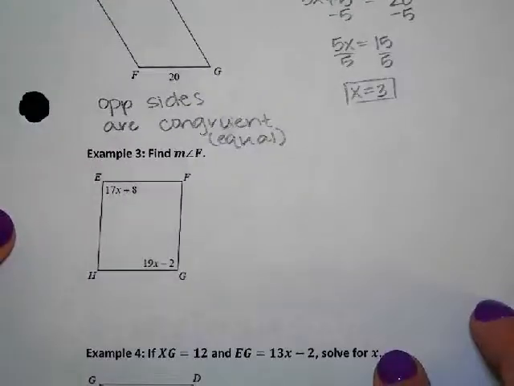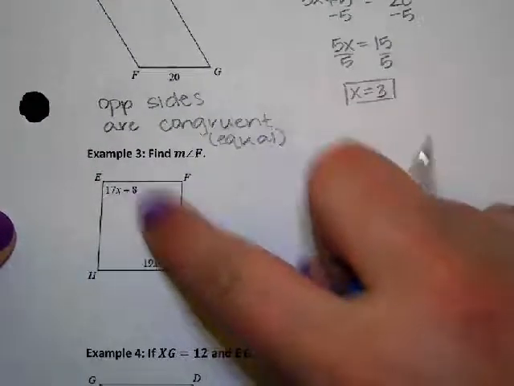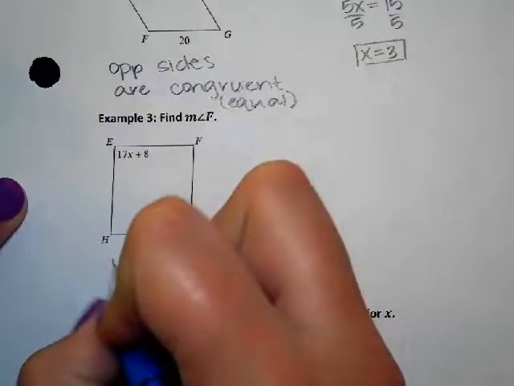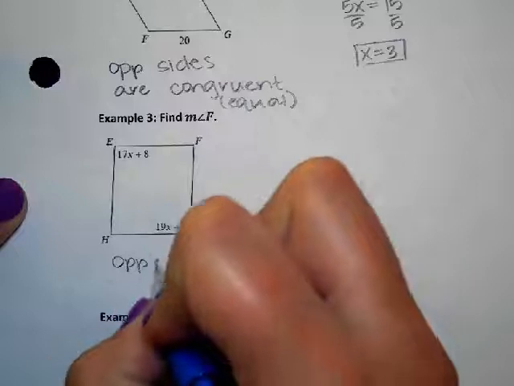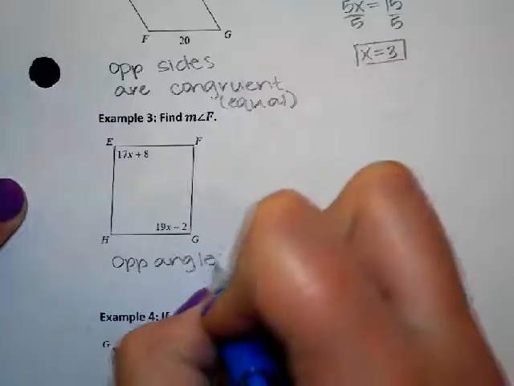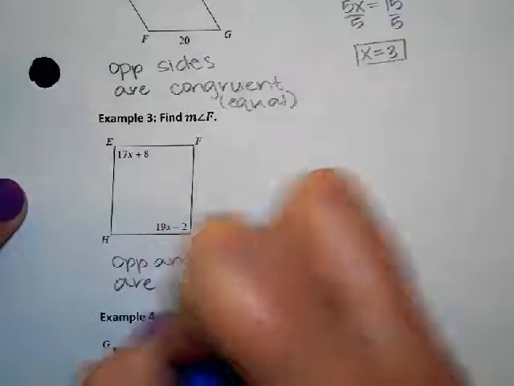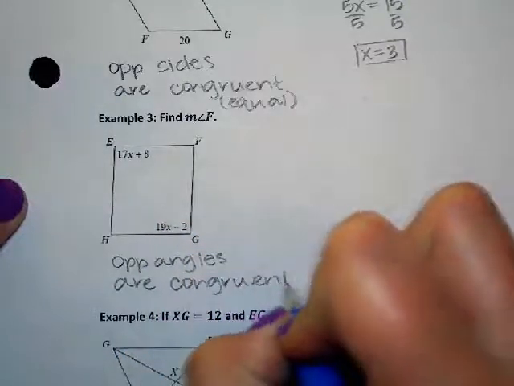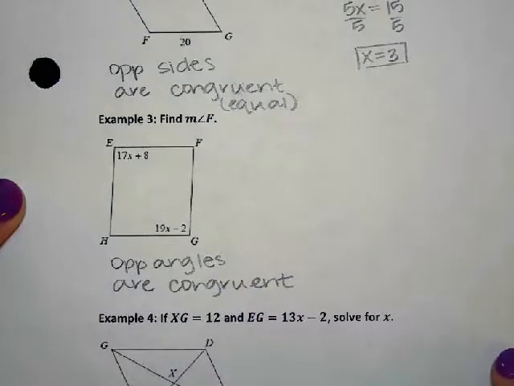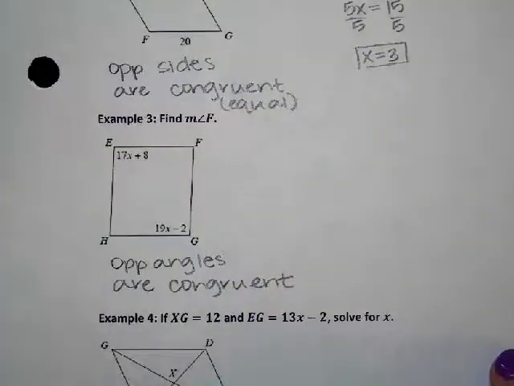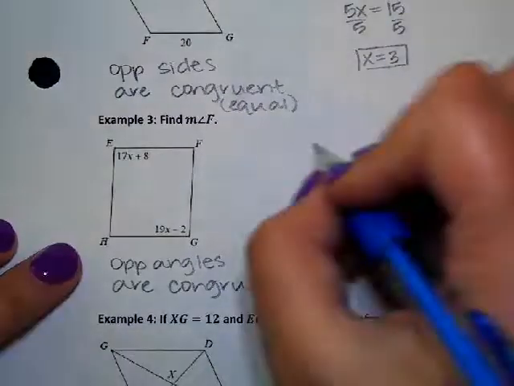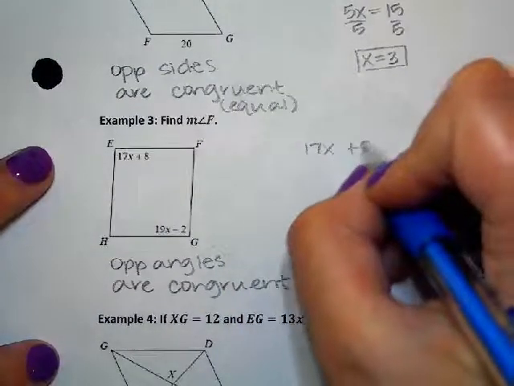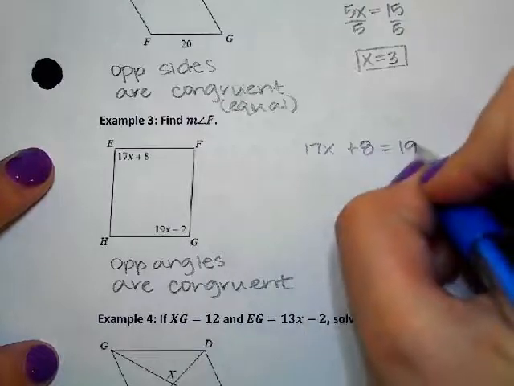For this one, we have angles that are across from each other. So here we have opposite angles are congruent. Angles that are across from each other are opposite angles. Opposite angles are congruent. So we're just going to take them and set them equal to each other. 17x plus 8 equals 19x minus 2.